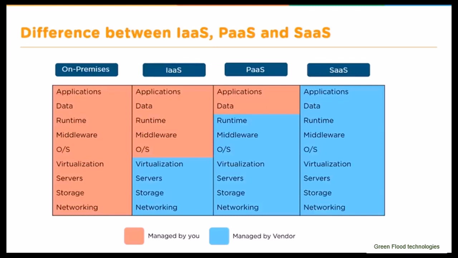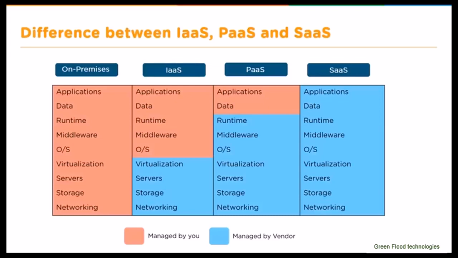The rest, virtualization, server, storage, and networking, are managed by the vendors. In PaaS, only the applications and data are managed by the users or owners, and the runtime, middleware, operating system, virtualization, server, storage, and networking are managed by the vendors. With SaaS, software as a service, everything is fully managed by the vendors.